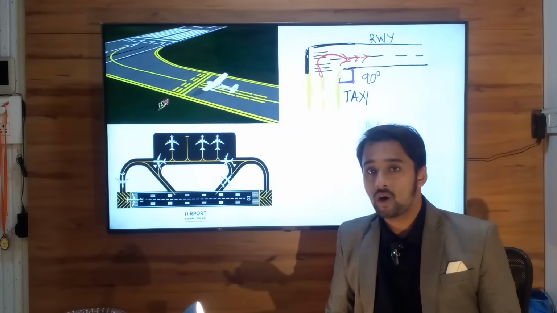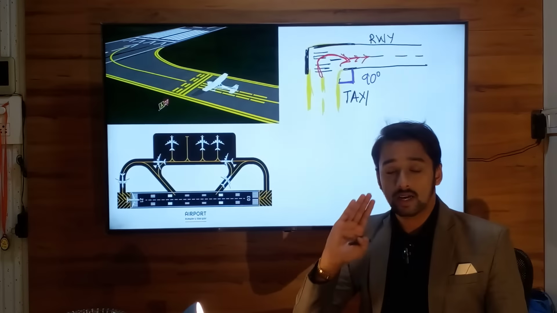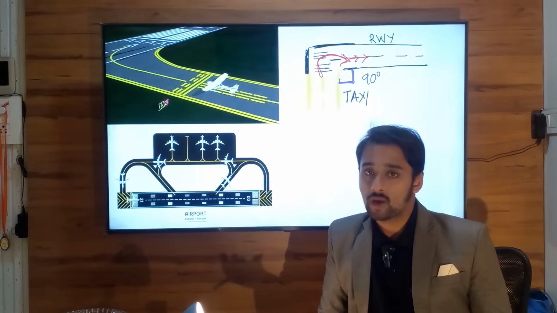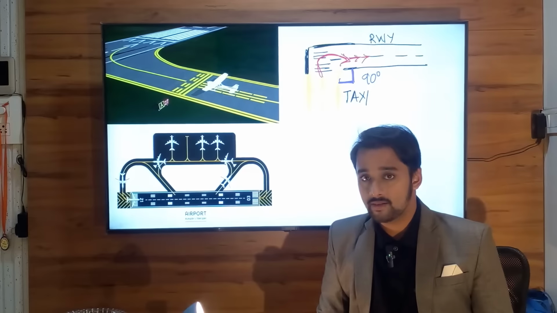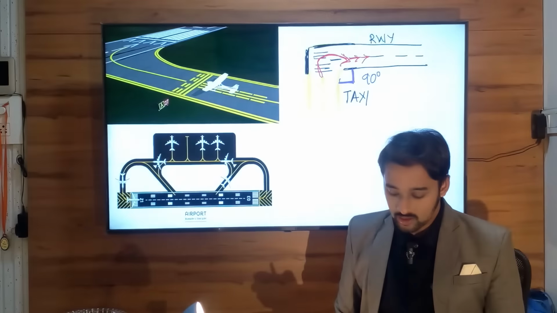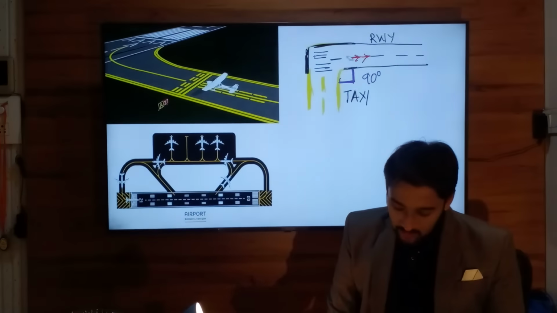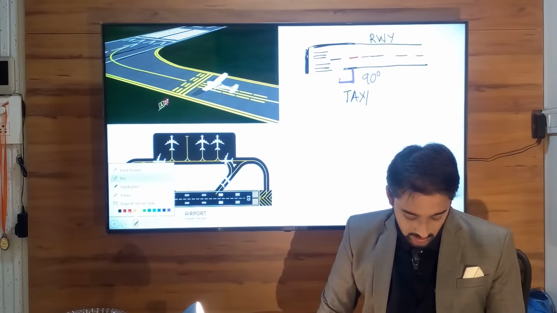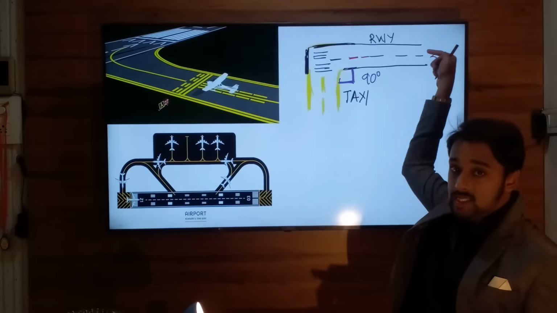Now for takeoff, in case of lining up with the runway, the time is still less. But when you take the example of landing, when aircraft lands on the runway, let's say aircraft has landed from this side.